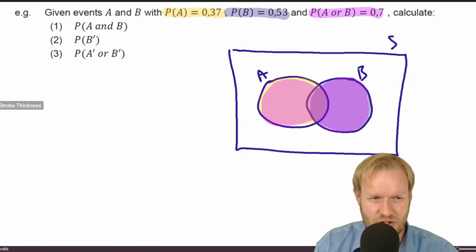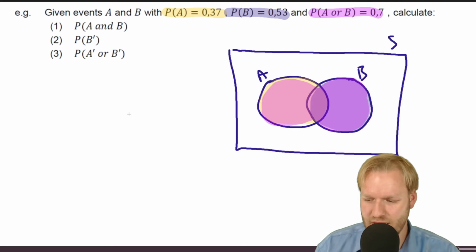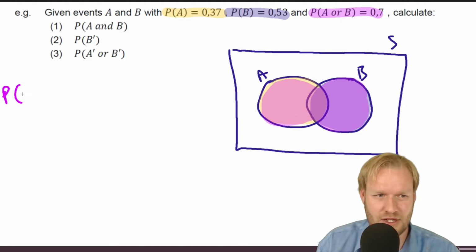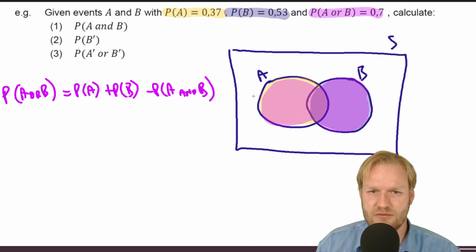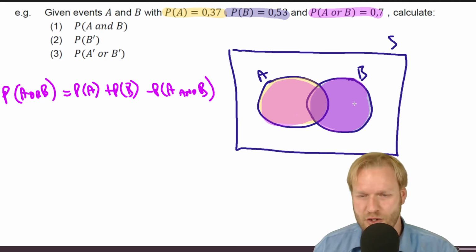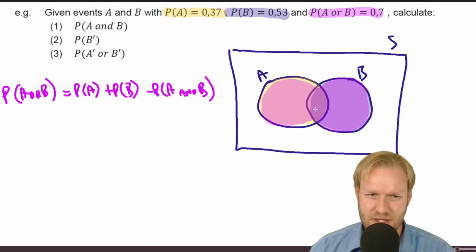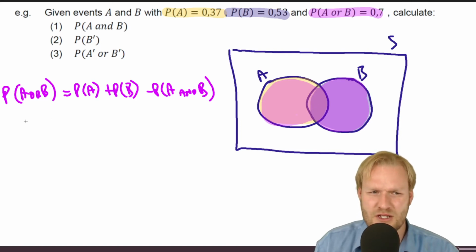Now, let's start off by doing it just with our formula, because our formula works quite nicely. The probability of A or B is the probability of A plus the probability of B minus the probability of A and B. The yellow, the blue, but subtract the bit in the middle that you've double counted. And we get given most of this information.